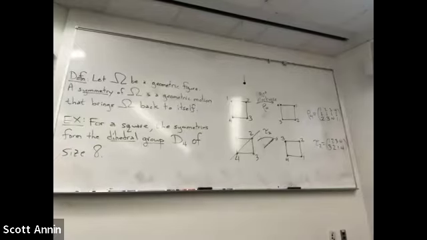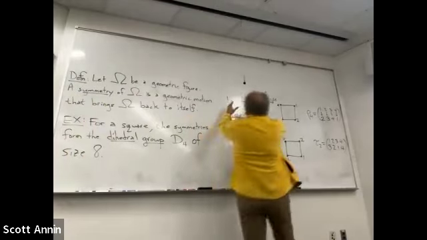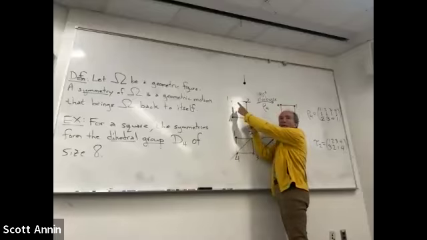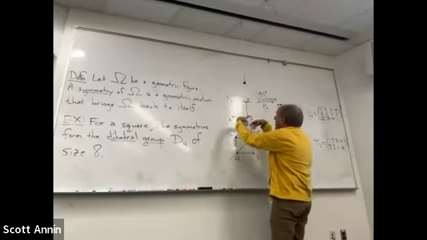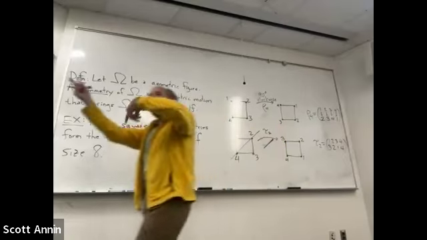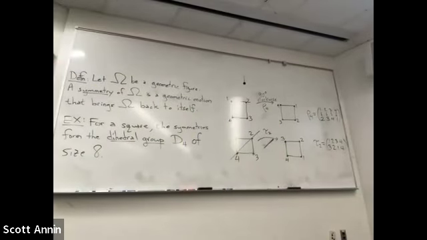Well, of course, there are permutations that would break the square, that would break the figure. Like right now, the 1 and the 3 are not next to each other. We could imagine a permutation that would send 1 and 3 to new positions that are adjacent, and then there'd be an edge there. But that would require us to completely disassemble the square and all the edges and start over.